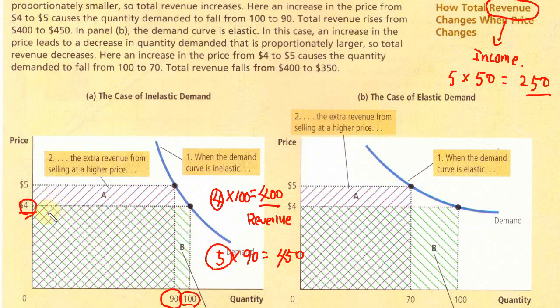Then the quantity demanded is 100. So the revenue at $4 and 100 quantity, if you multiply these two, your revenue is 400.